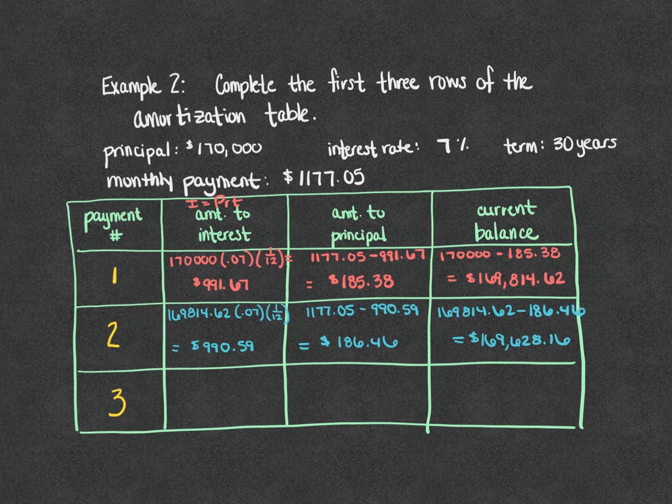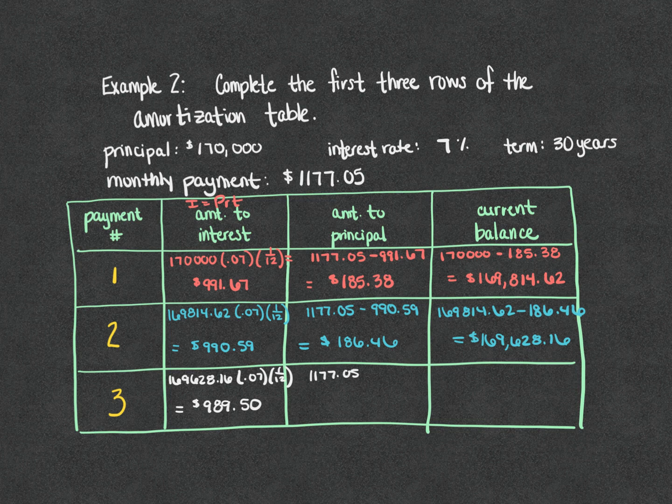And then the process repeats itself yet again. So taking the new balance of $169,628.16 times our interest rate of 7%, and again, time of 1/12 for a 1-month payment, this time $989.50 is what goes toward the interest.